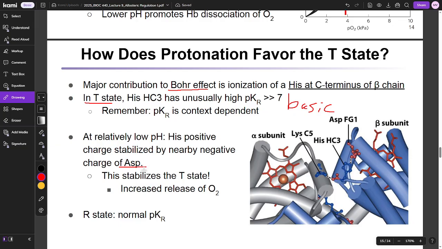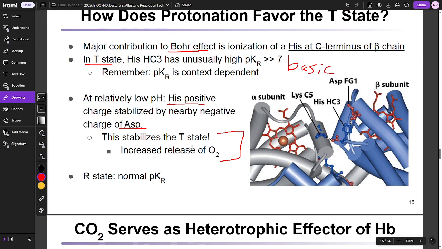The fact that this positive histidine is stabilized by these aspartates is what allows the T state to be okay. So at low pH, with this extra H plus, the histidine is protonated. The aspartates nearby help stabilize this positive histidine, which leads to an increase in the release of O2. Under normal conditions, this histidine is never protonated, so this never happens in the first place.